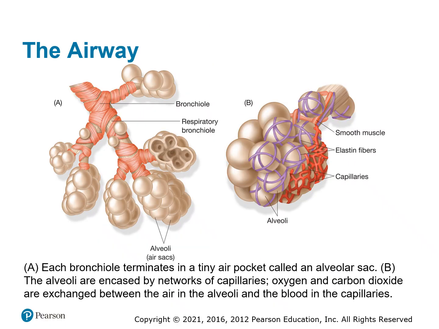All right, so here's our alveoli. Our alveoli surrounded by the capillaries so that oxygen exchange can take place. And they have to be close together and they have to be shaped nice, have a nice surface area.